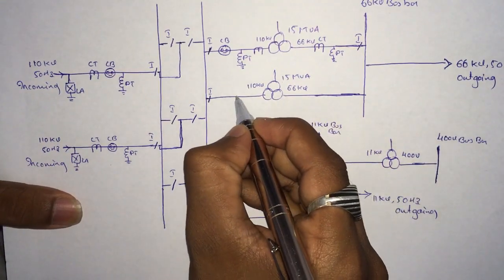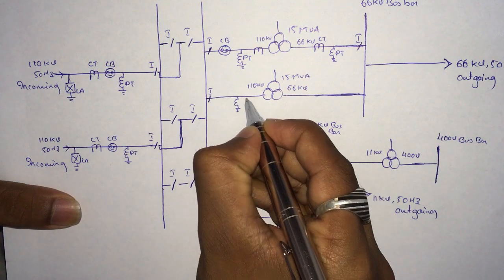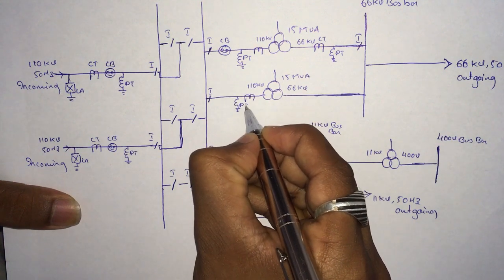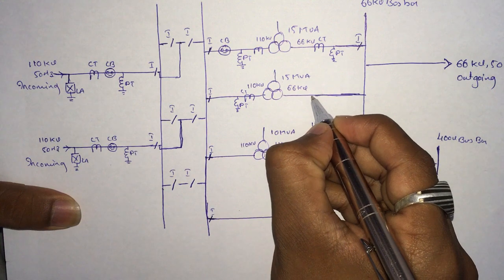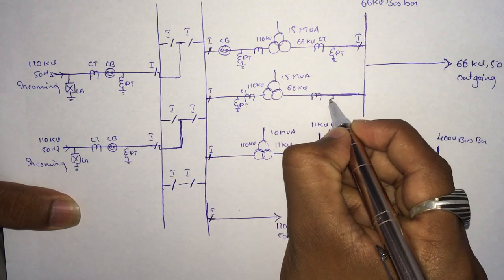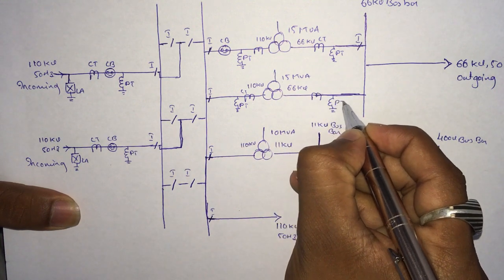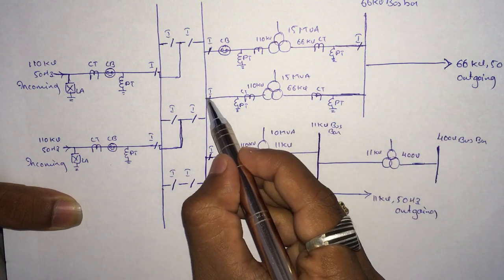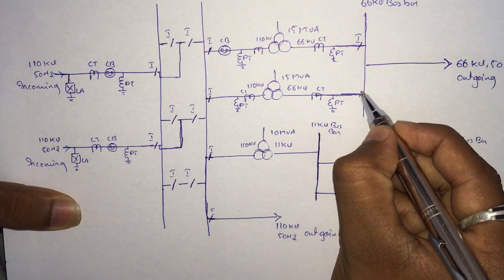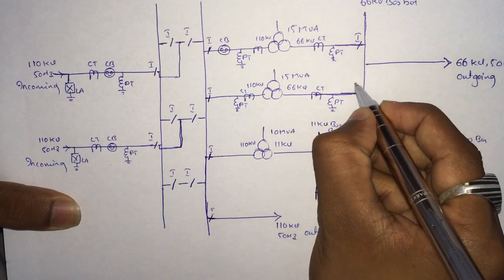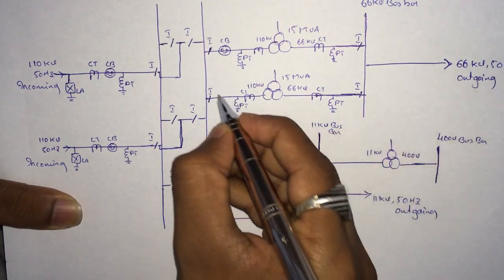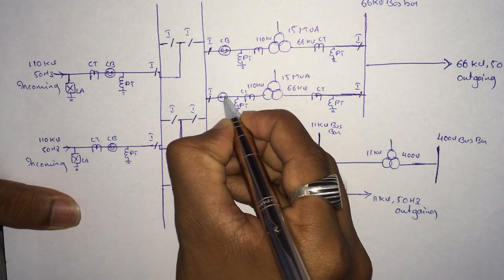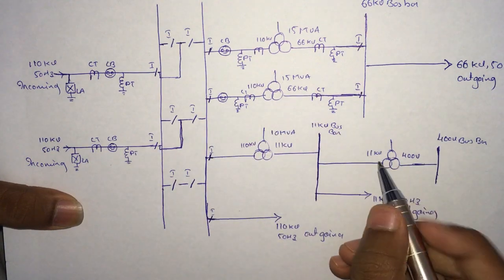Before the transformer, PT and CT. Here also PT and CT. After the bus bar, isolator. Before the bus bar, isolator. Okay, and one CB for that line.